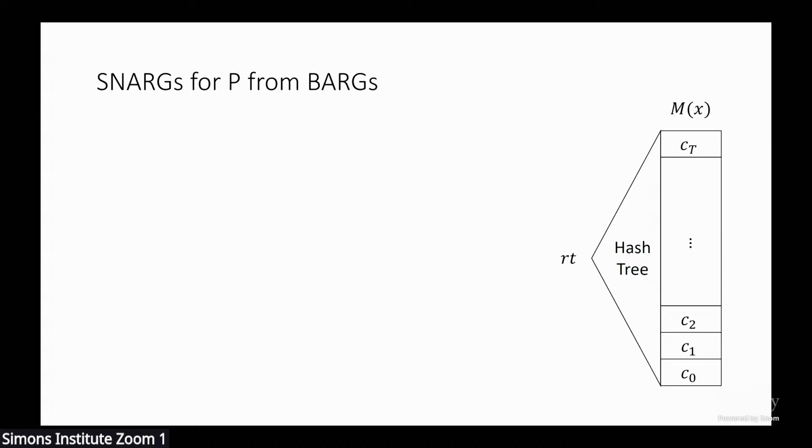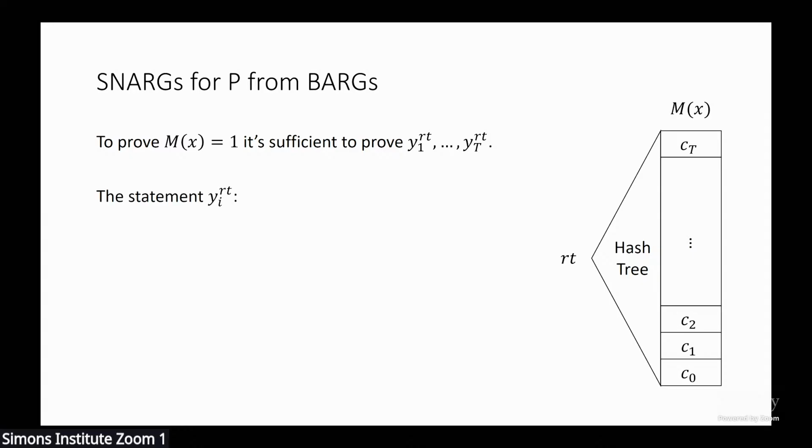Okay? And now, in order to prove that M of x is accepting, it's sufficient to prove this conjunction of statements y1 through yT, and these statements will be defined just in terms of the root of this hash tree. So the statement yi is as follows.